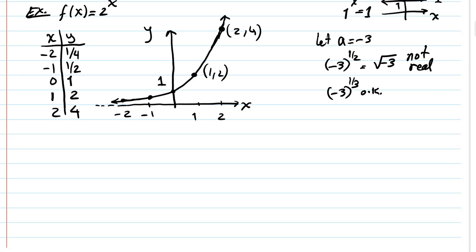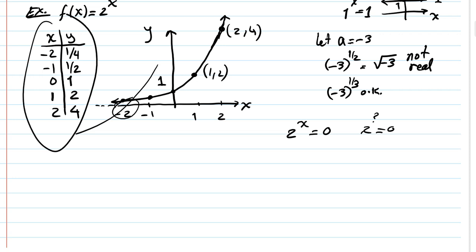The x-intercept: the graph of 2 to the x will not have an x-intercept, and here's why. Remember, hypothetically, if this function were to cross the x-axis at some point here, at that point y would be 0. And then it begs the question, 2 to what power is 0? Notice here we picked some points to try out.